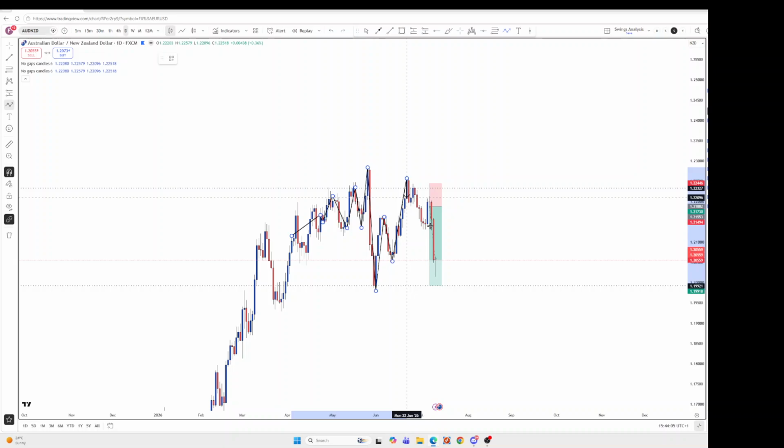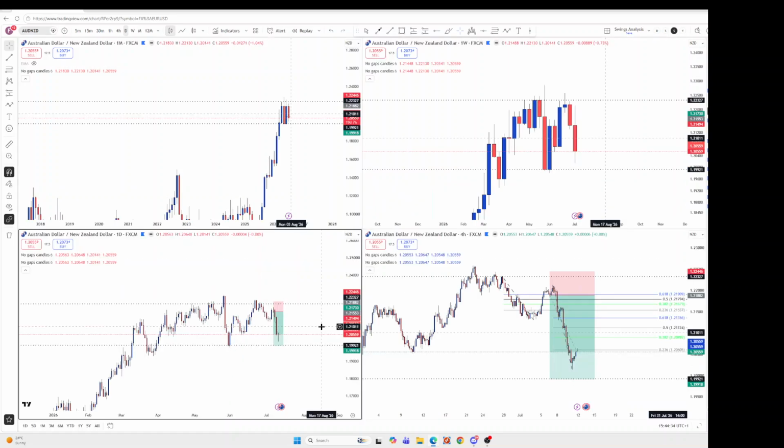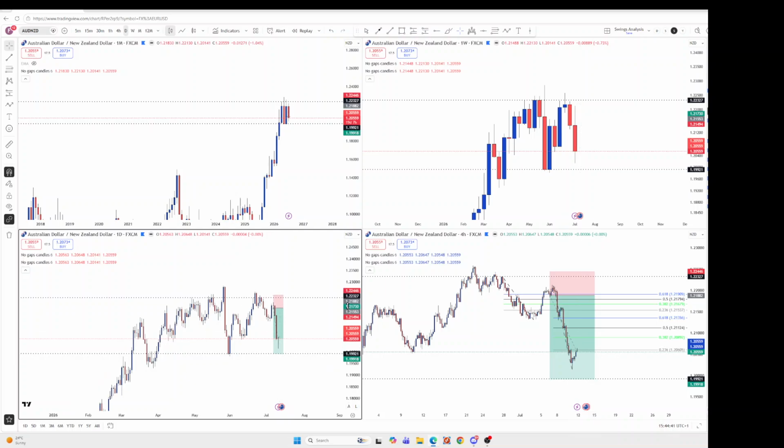For me, this price action in here was just a pullback. So price was always looking to go down, or it had a good probability of going down anyway. Because of that, I could clearly see that there was an opportunity to sell here.